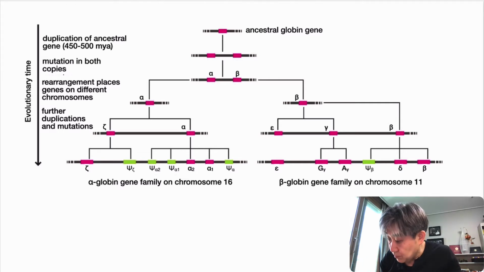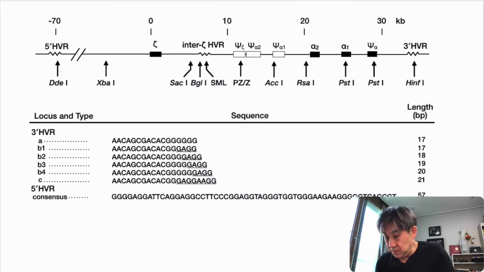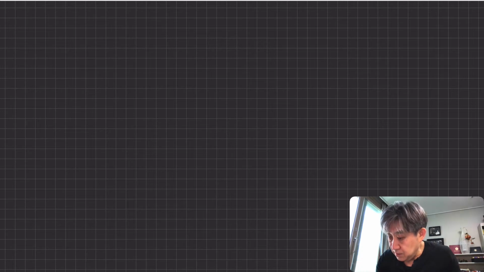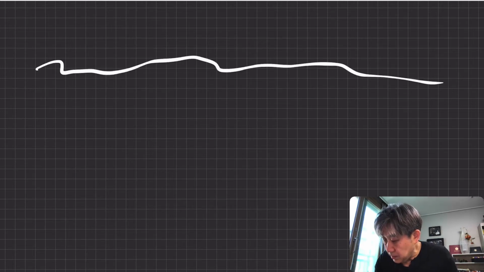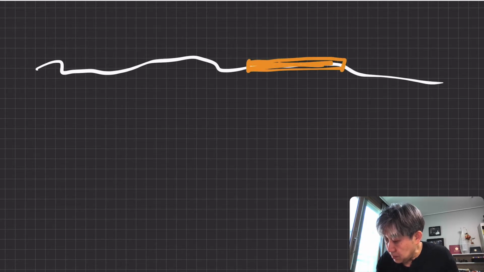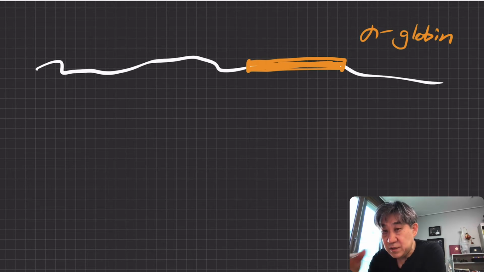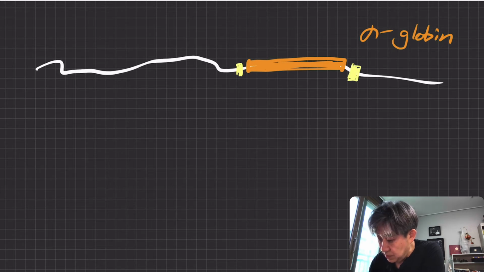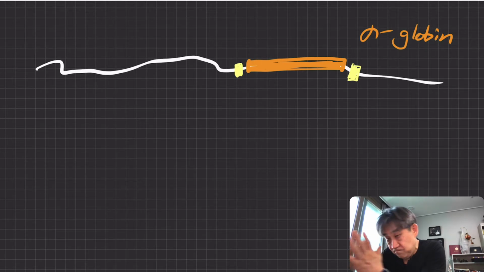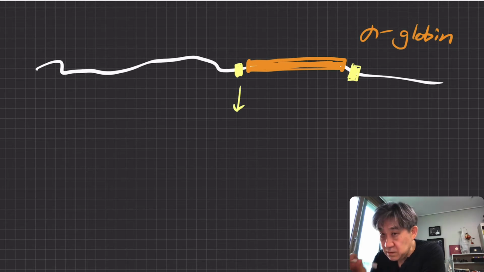This detail is not necessary, so don't worry about it. To put it in much simpler terms, let's say this is the whole DNA, and this is the area occupied by the alpha globin gene. Around this alpha globin gene area, he discovered an area where the DNA sequence shows a tandem repeat.